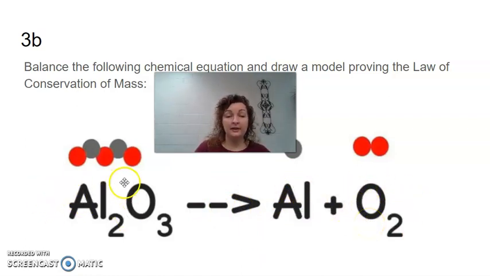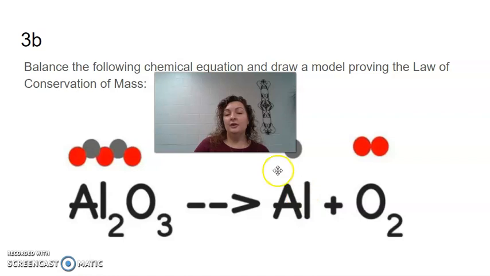So the model that I've drawn, this is the compound that you're seeing here. My oxygen are going to be red, and aluminum is going to be gray. Notice they're all touching because this is a chemical compound. It's chemically combined, so my dots do have to be touching in order to signify that. Oxygen is red, aluminum is gray. Make sure that you're distinguishing the difference between them, right?